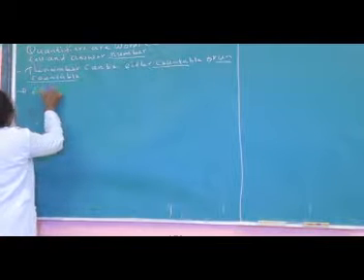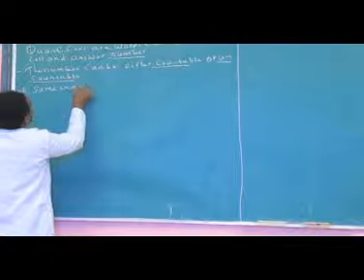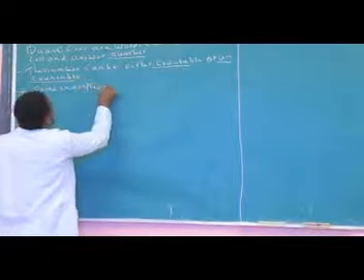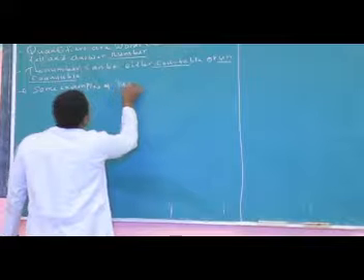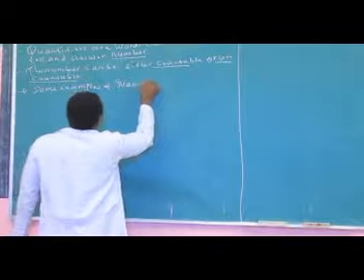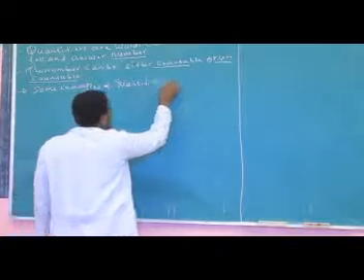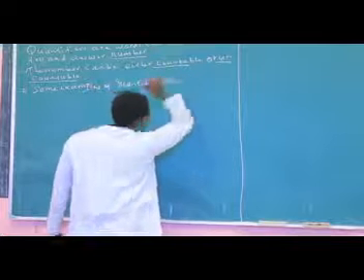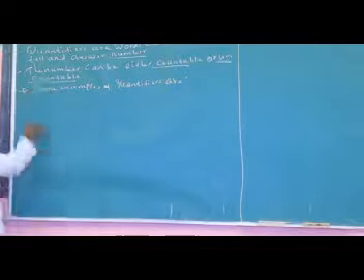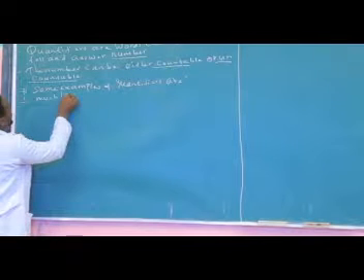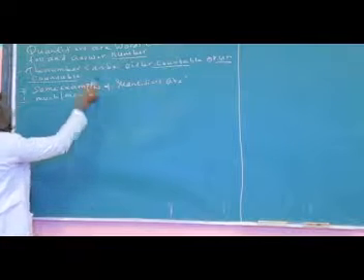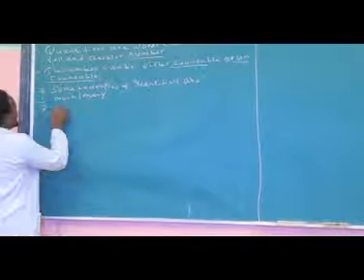Some examples of quantifiers are the following. The first, much, many. We'll see its use again. Second, a few, few.